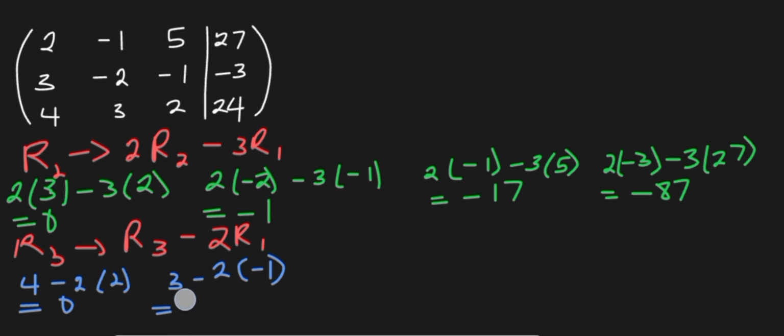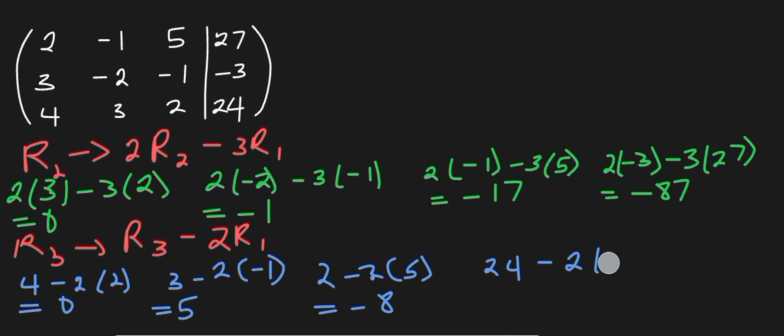This is 5. The third entry will be 2 minus 2 times 5. This is negative 8. And for the constant, it is 24 minus 2 times 27. That's 24 minus 54, which is negative 30.